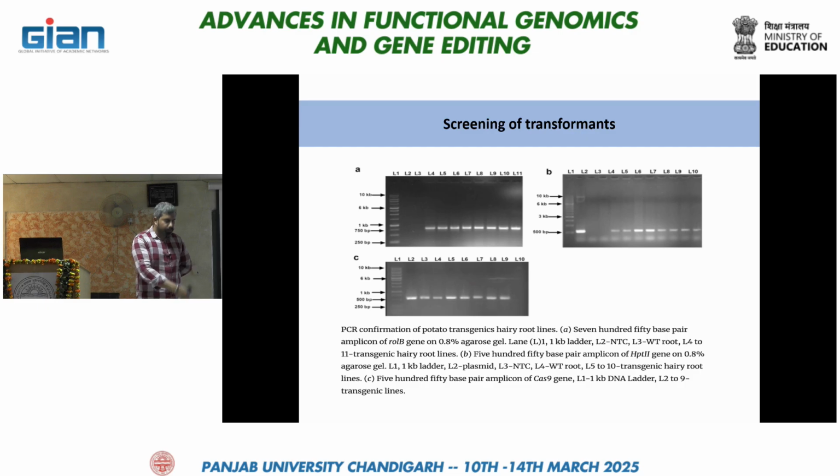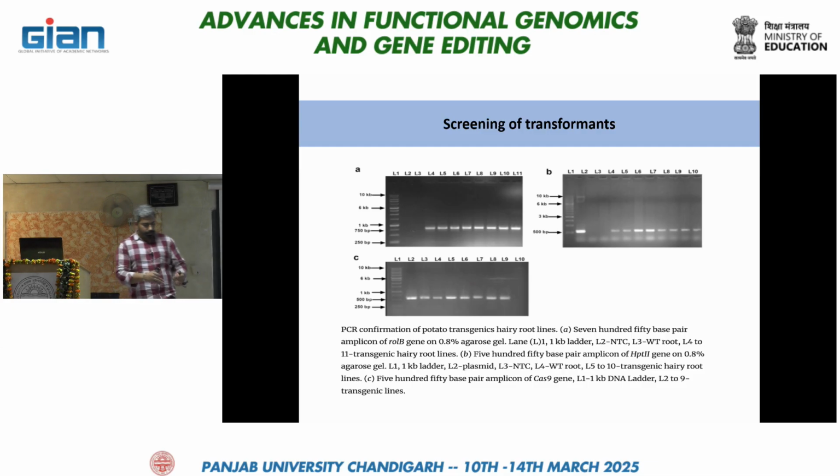So suppose your target gene is 1500 base pair long. For the screening part, you will not amplify it from the start to the end. You will just design some short primers in a range of 200 to 300 base pair region. In between, your target region should lie.